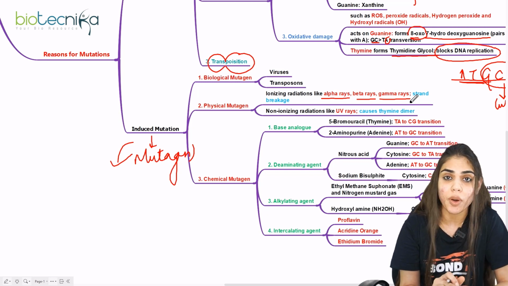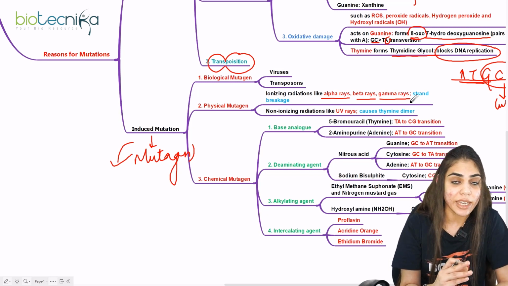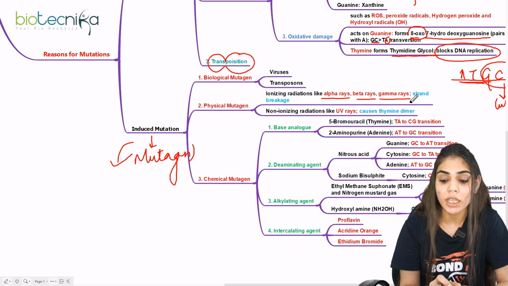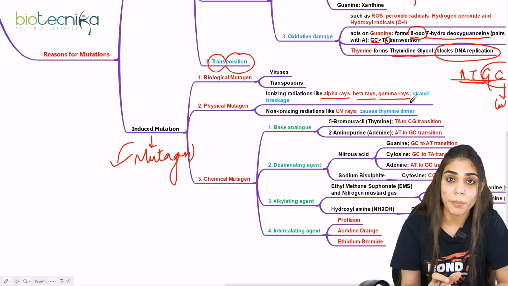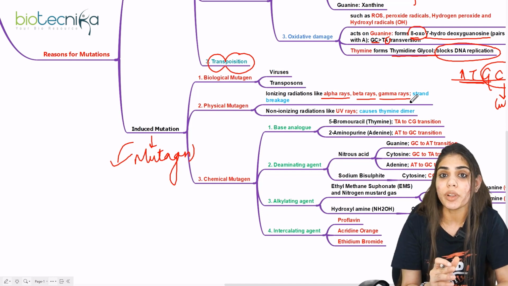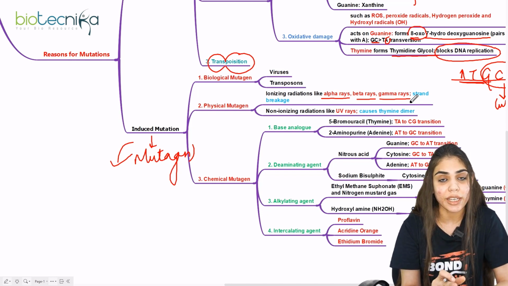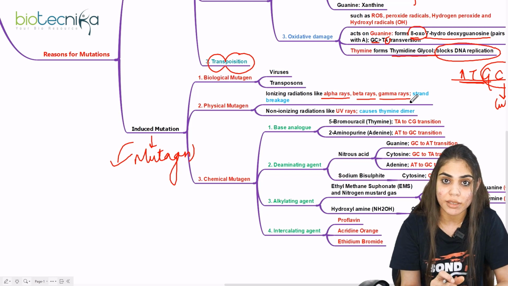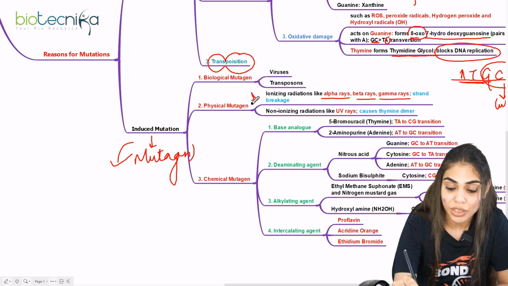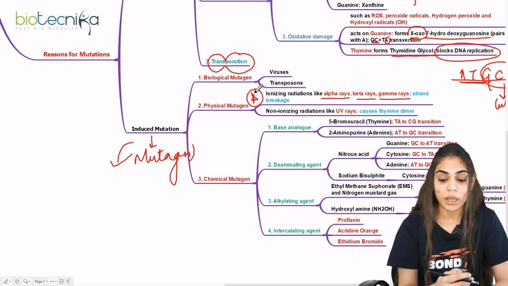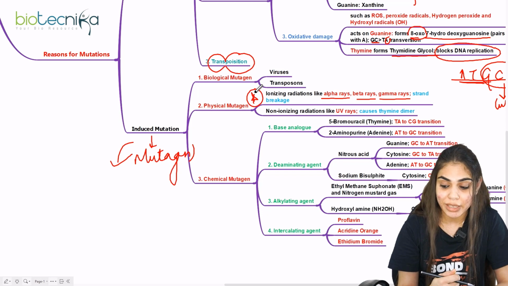Again, this is a very important question from the GATE point of view, whether it is GATE Life Sciences or GATE Biotechnology, because a direct question can be asked as a multiple select question, like what are the examples of ionizing radiation, and you will be given 4 radiations like alpha rays, beta rays, gamma rays and UV rays, and out of this you have to select 3 options: alpha, beta and gamma, because alpha, beta and gamma are ionizing, and non-ionizing is UV rays.